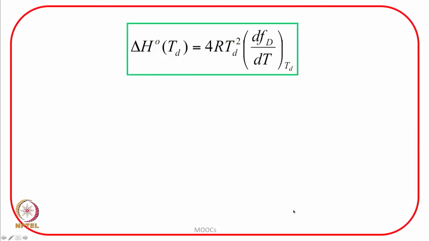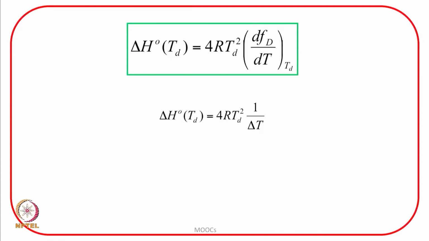Another form of writing is delta H naught at Td is 4R Td square over 1 over delta T. What is this delta T? Let me explain.